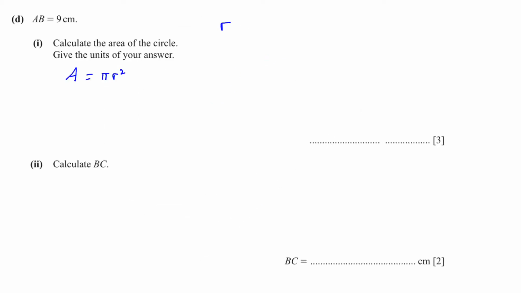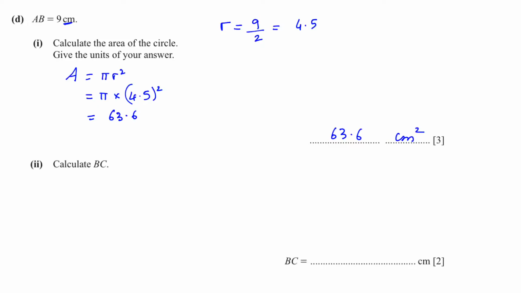So radius will be 9 centimeter divided by 2, which is 4.5. In place of r, replace it with 4.5 squared. This will give us our answer 63.6, and we have to give the units also. Because it is area, it is going to be square centimeter.